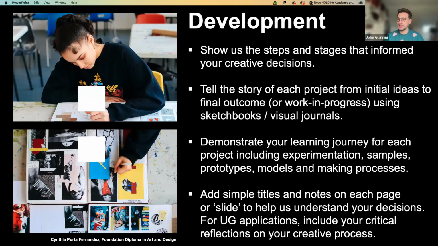It's also really a great idea, particularly through the development stage, to add simple titles and notes, but not to go overboard with the text on each page or slide, to help the academic understand the decision-making progress. So for UJ applications, this would include critical reflections on your creative process. So that might be a heading to say which part of the project it was.